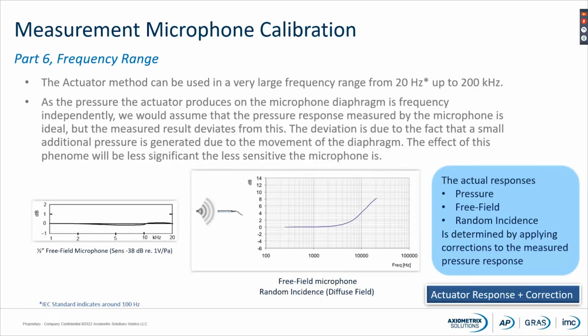The actuator method can be used in a huge frequency range, from 20 hertz up to 200 kilohertz. I have to say, when I say 20 hertz, the IEC standard describes that you can use it from 100 hertz, and I will come back to that.